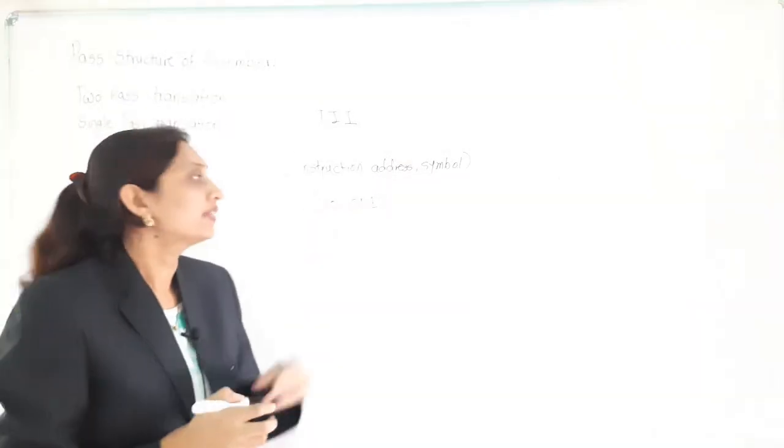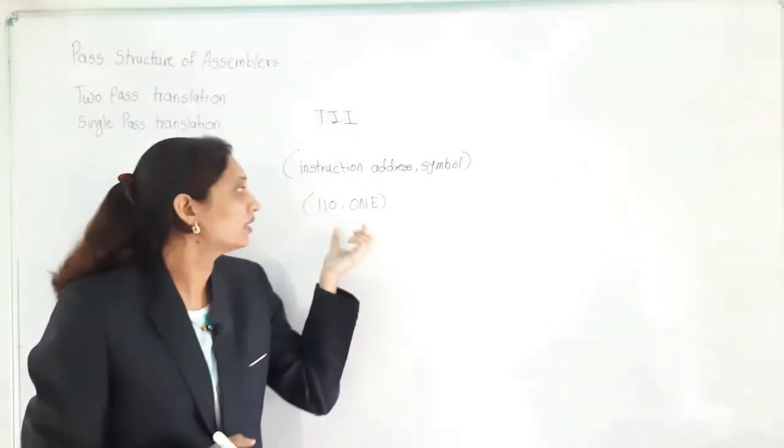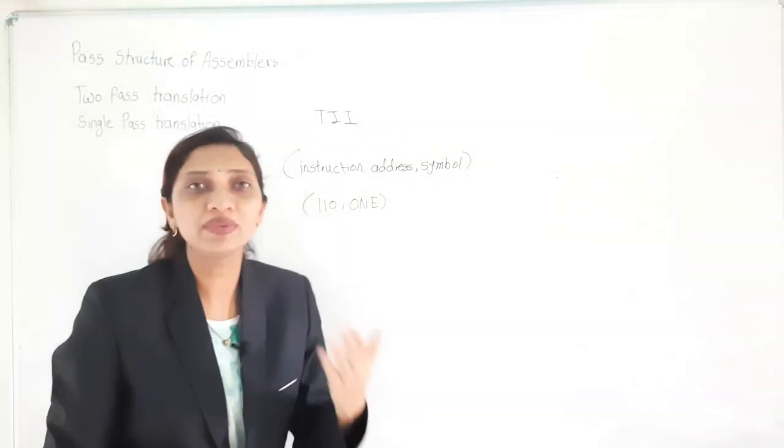In this way the assembler knows at which instruction the forward referencing problem occurs.